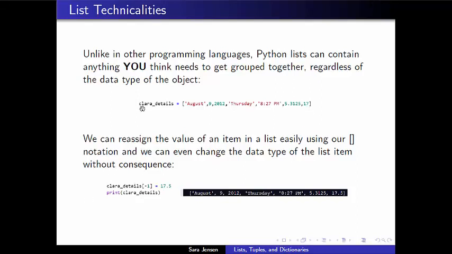So for example, if I wanted to go up to the list I've defined here and change the last value in the list from 17 to 17.5, the way that I would do that is I would give my list name, I would access the last element in the list, and I would reassign a value of 17.5 to that position in the list. That technically changes the data type of this object from being an integer to now being a floating point value, but Python has no problem with this at all, and if I ask it to print my new list after making this change, this is the output that it will give me.